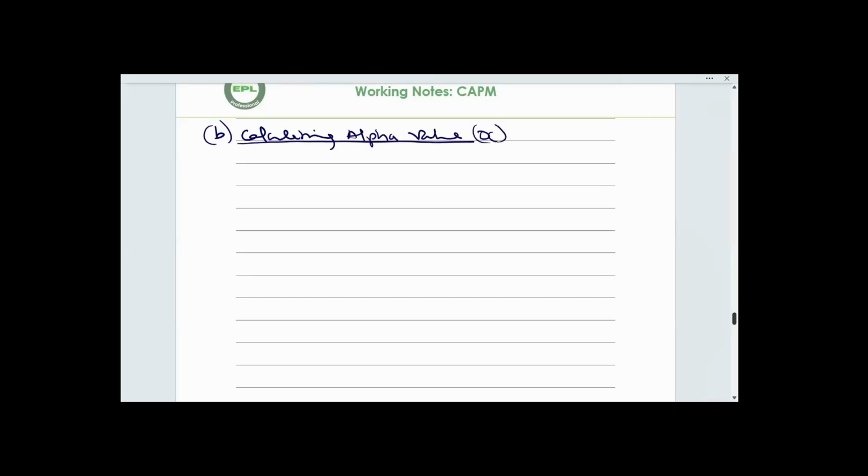So like I said, to do this, there are 4 different procedures we are going to carry out. The first one is to calculate beta. The examiner has already given you the beta value of individual securities, so you are going to ignore that. Step 2 is to then calculate the required return, RS, using CAPM.